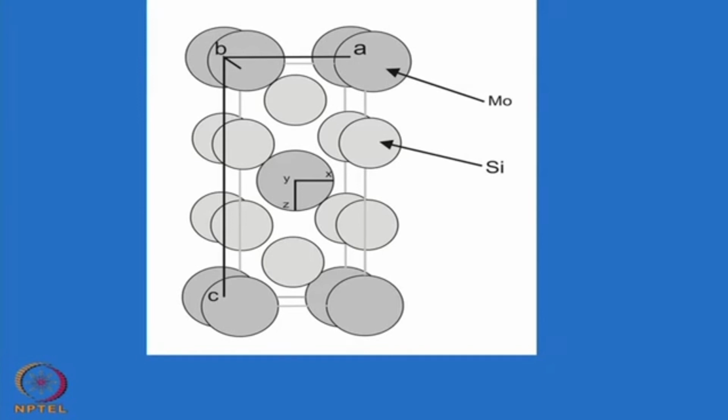So, both silicon carbide and molybdenum disilicide have similar property in that respect so far as the conductivity is concerned, and in fact they are extensively used as heating elements of different furnaces.